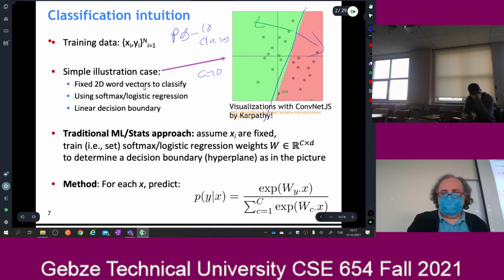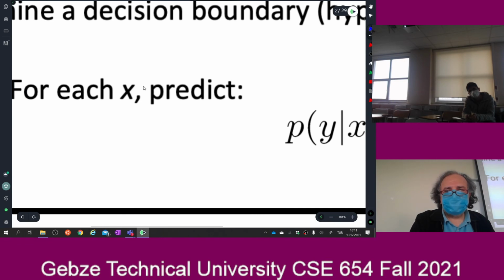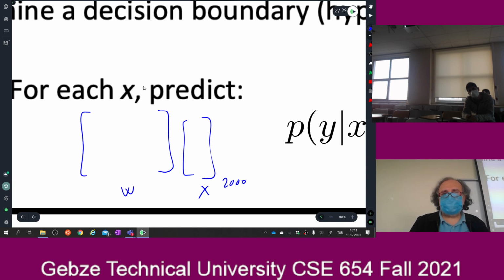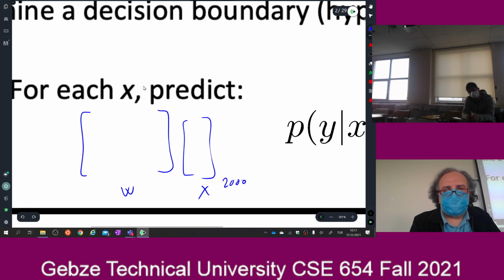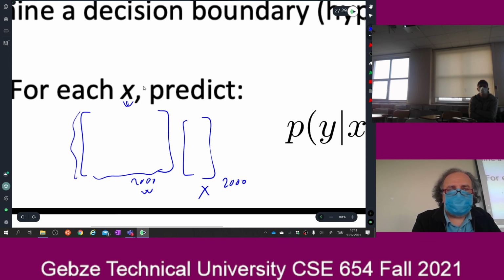So I am going to multiply, let me do this. Okay, this is my x, this is 2000 dimensional. And this is my w, weight. So this one has 2000 elements in it, 2000 columns, and the number of classes is 10.